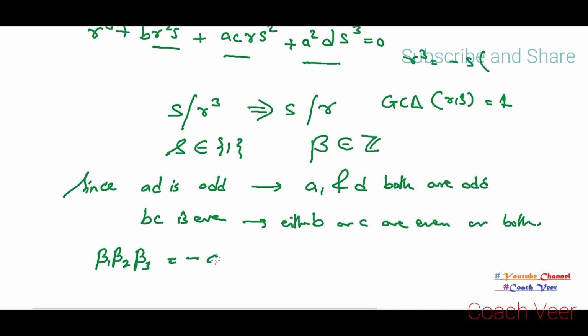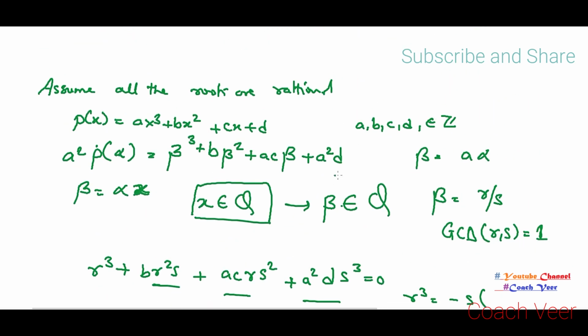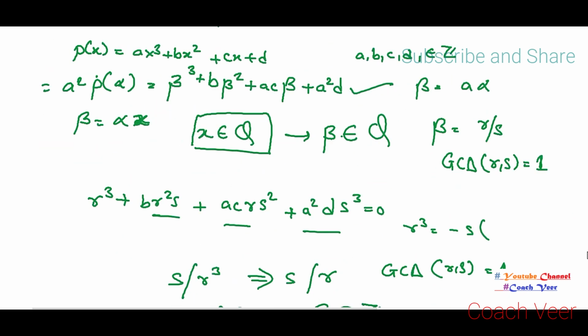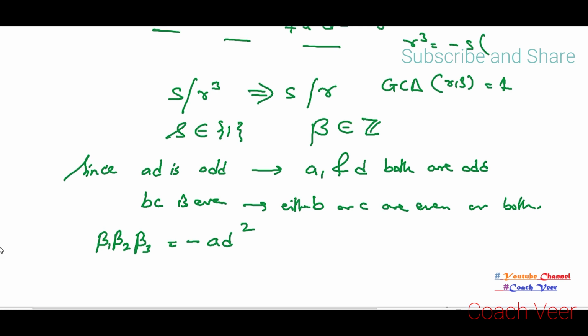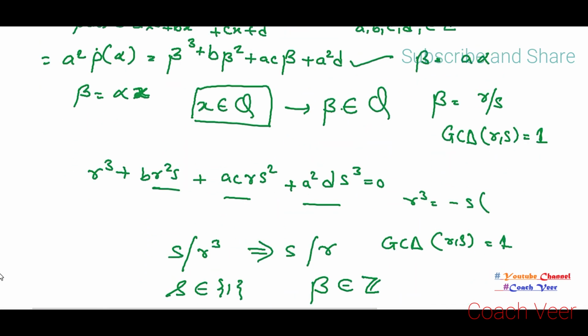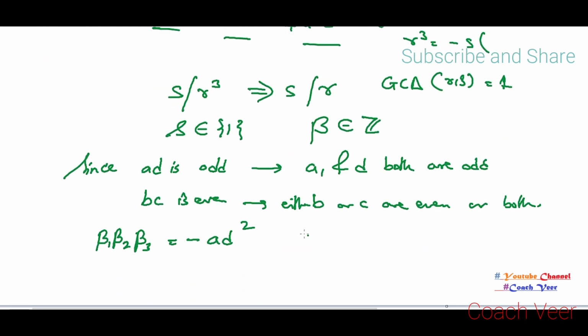When they are being multiplied, we get a square d. See, this is what I said, beta thing you have to put. So a square d, okay, a square d. So this is what you got. So all of them, beta 1, beta 2, beta 3 are odd.